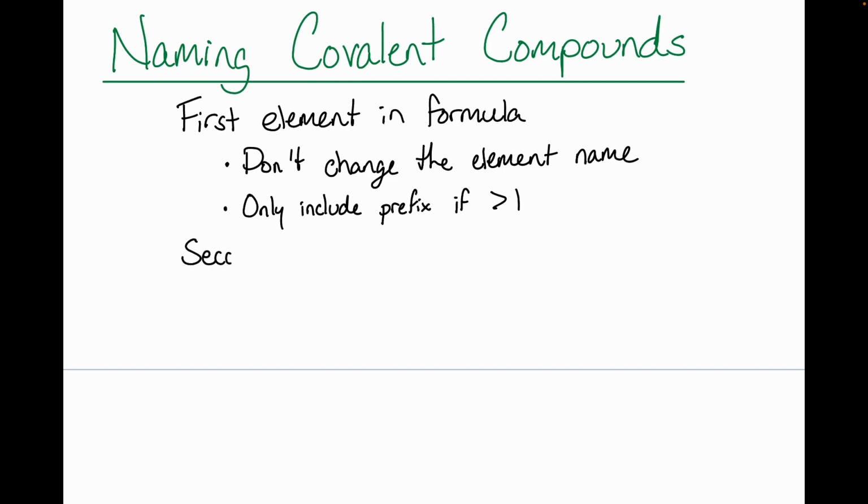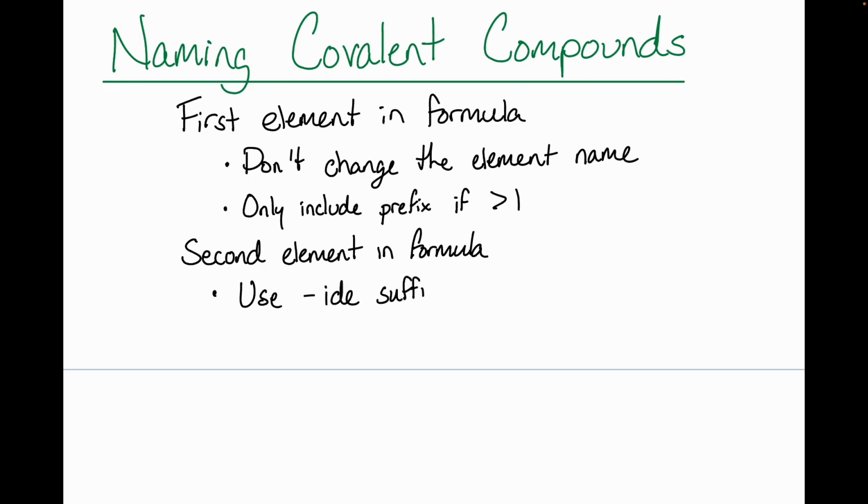All right, now for the second element in our formula. All right, again, going to our example, carbon dioxide, we put that IDE ending on the second element. So we're going to again use that familiar IDE ending. It's called a suffix.